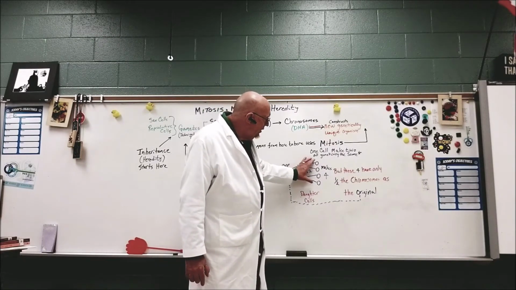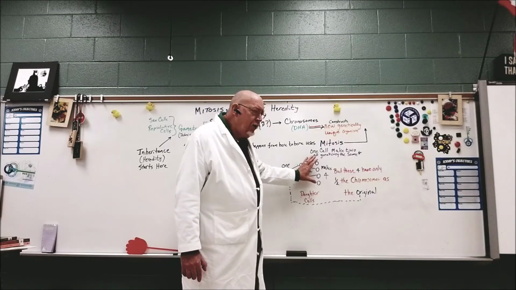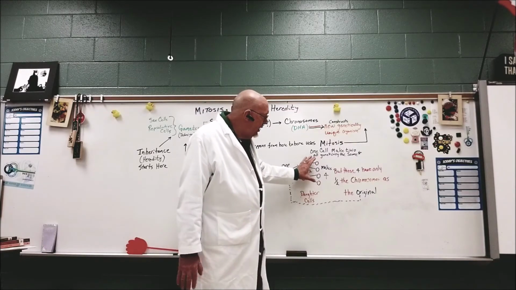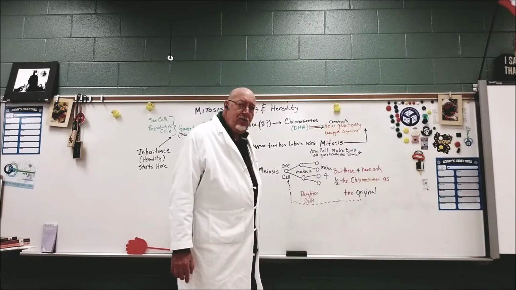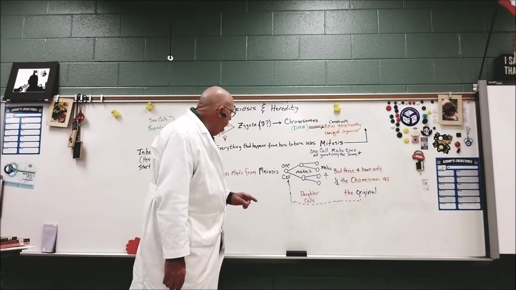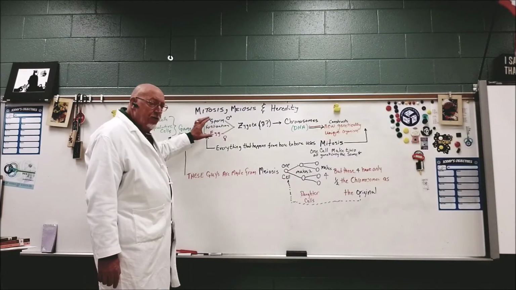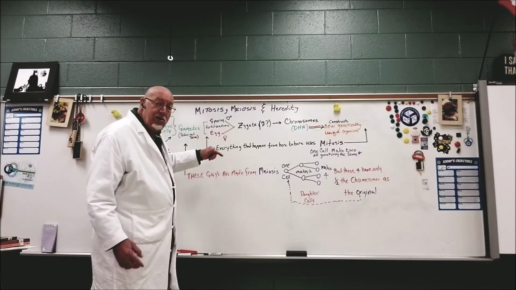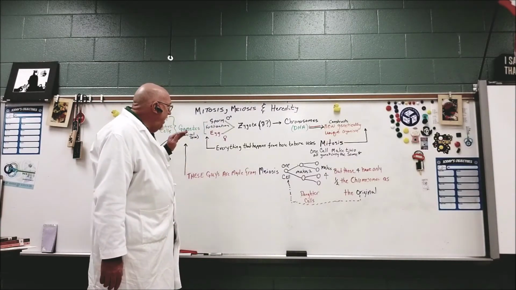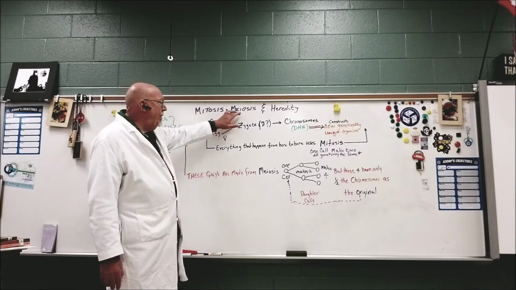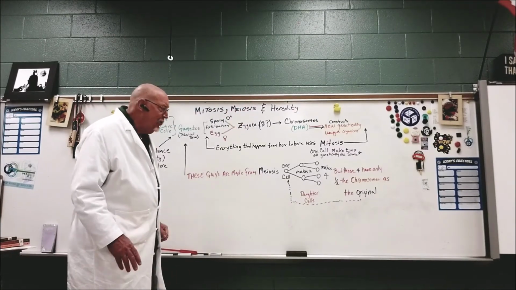But you have four basically unique sex cells that can be combined with other sex cells to form a new cell that will be fertilized or will do the fertilization later on. So that's the difference between mitosis and meiosis and heredity, and those are the links between those two.